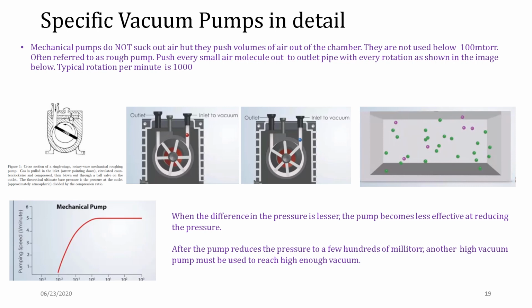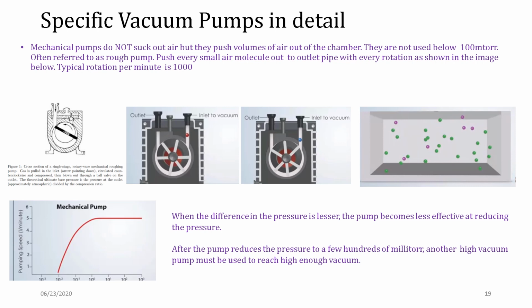They are usually called backing pumps or rough pumps. For a very high vacuum or low pressure chamber, like 10 power minus 7 or minus 8, we can't let them work alone. We also need the help of a vacuum roughing pump or backing pump like these.